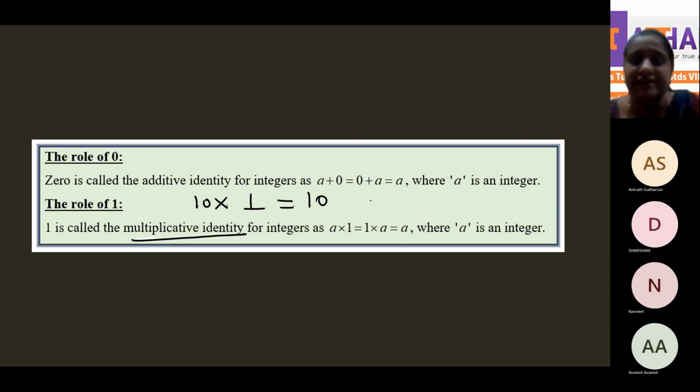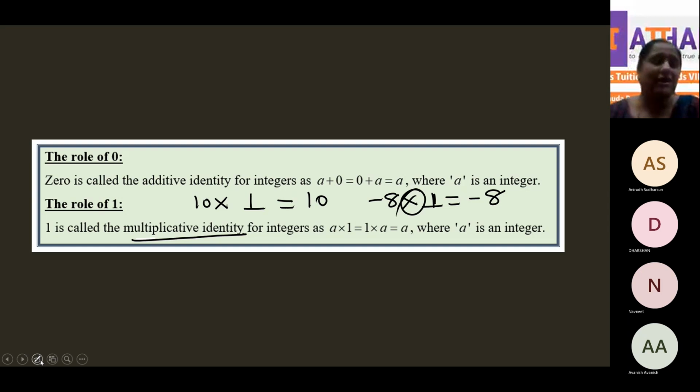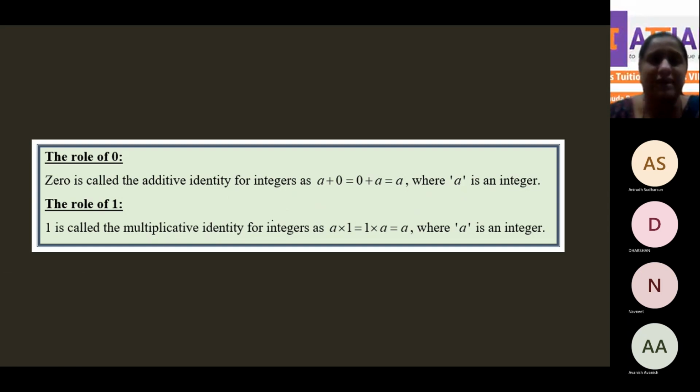Now you want to take an integer minus 8 and multiply it with something and you want the answer to be minus 8 itself. So you should multiply minus 8 with 1. So 1 is called the multiplicative identity. Multiplicative because on multiplying. Identity because the same answer.